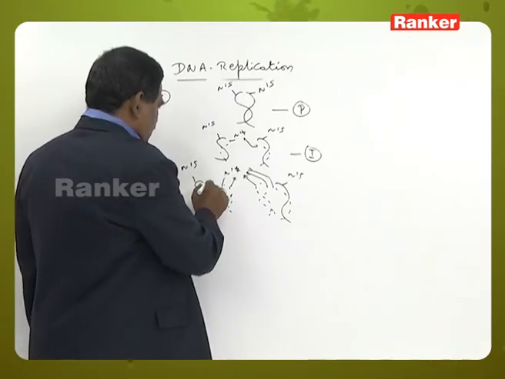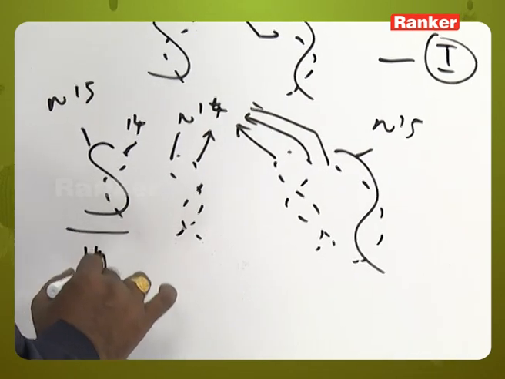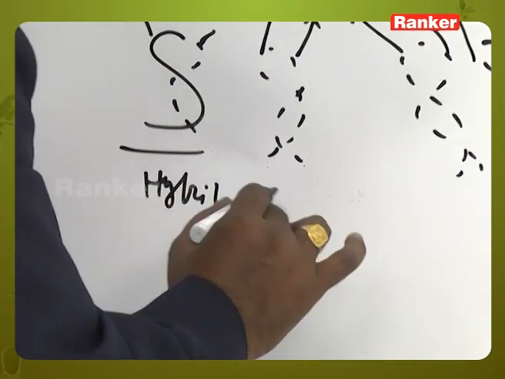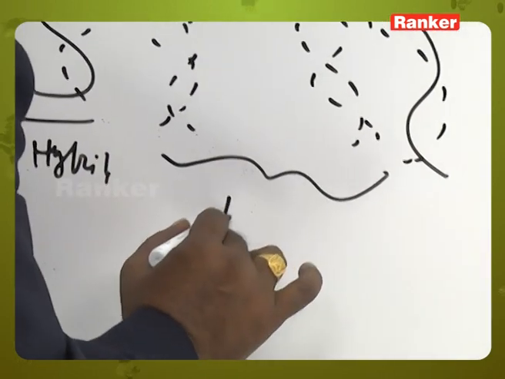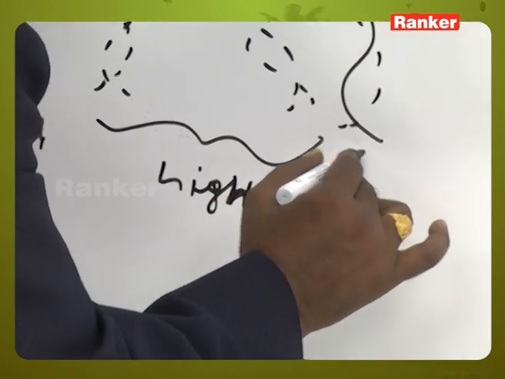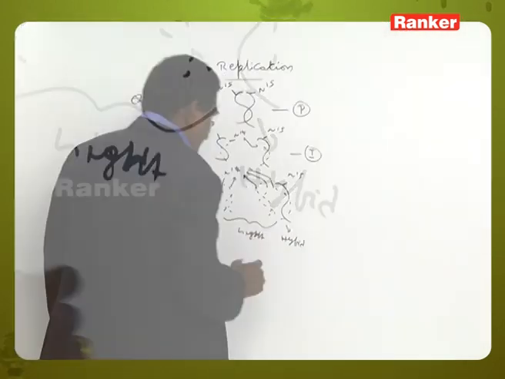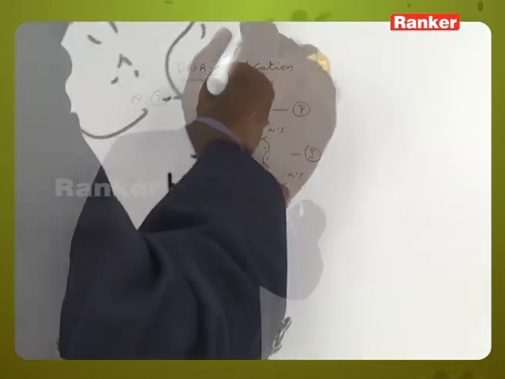That means N15, N14, it is the hybrid. And these two are the light, and it is the hybrid. So it is the second generation.